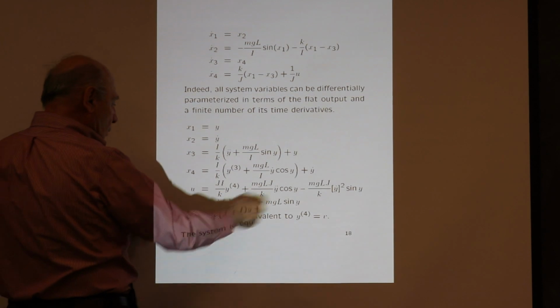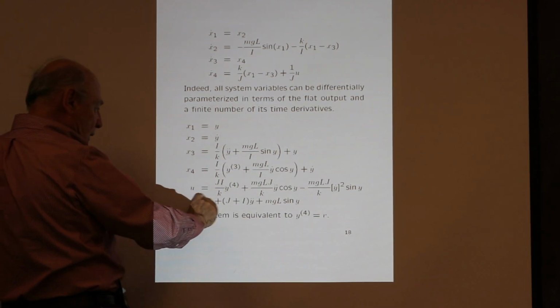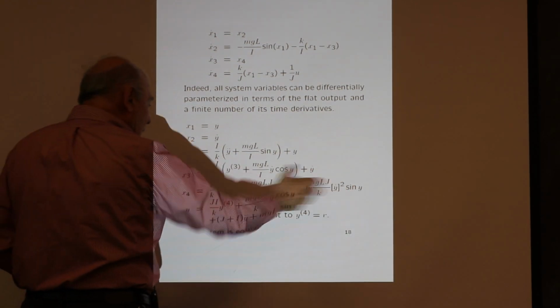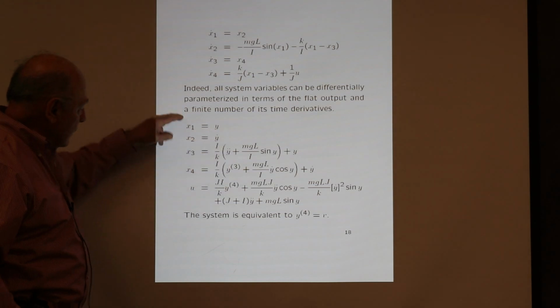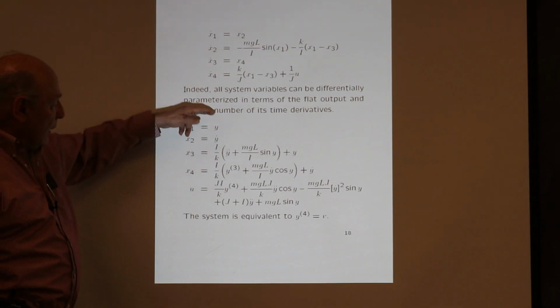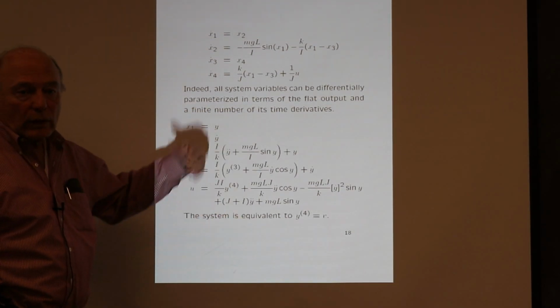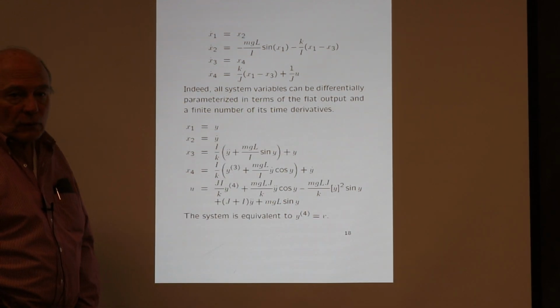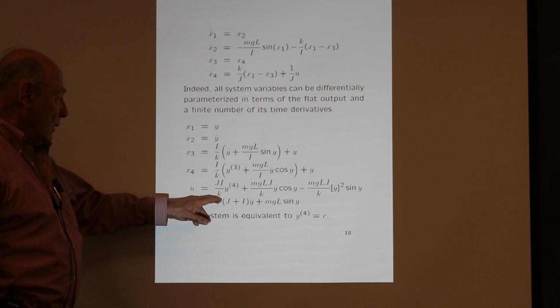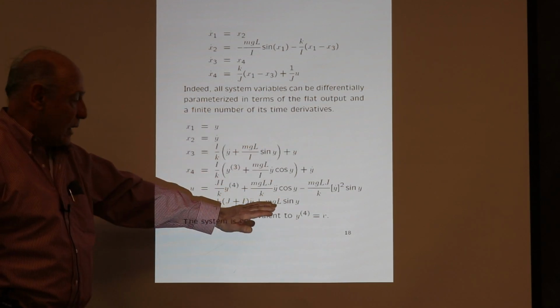When you do that, you come up with an expression that gives you u in terms of y4 and a lot of other derivatives. So you have a differential parametrization of all the system variables and the control input in terms of y and y dot, y double dot, up to y4. So this is a differential parametrization.